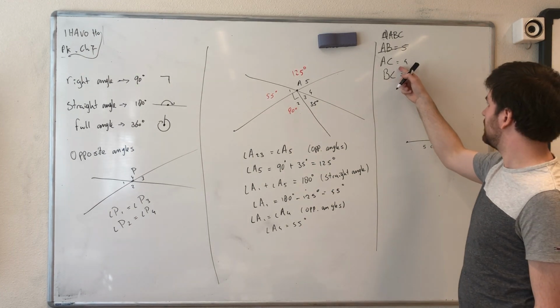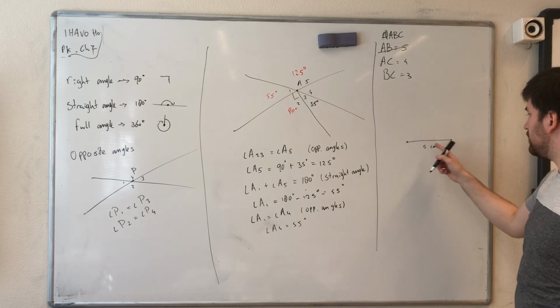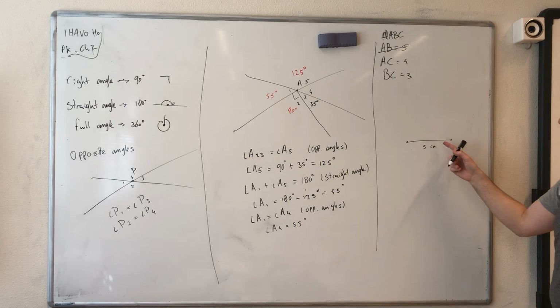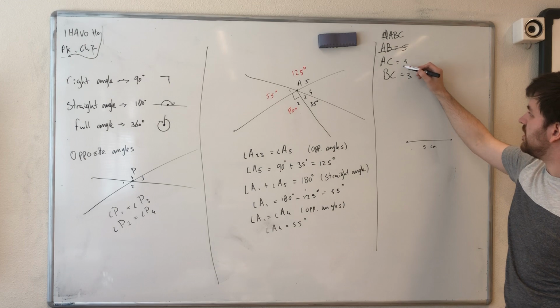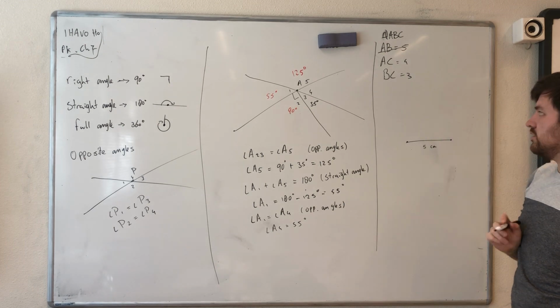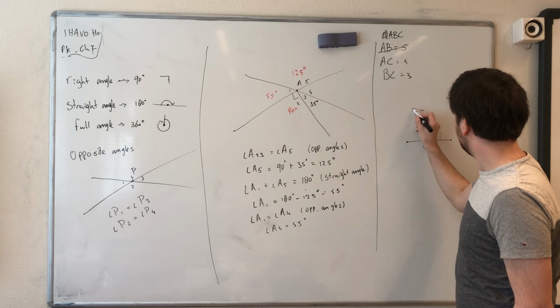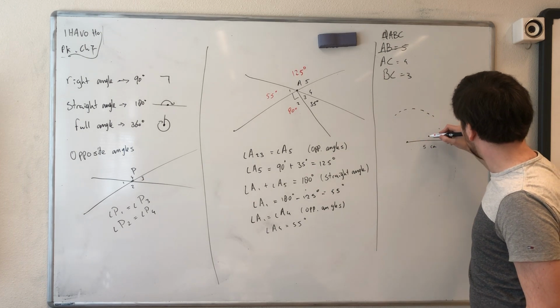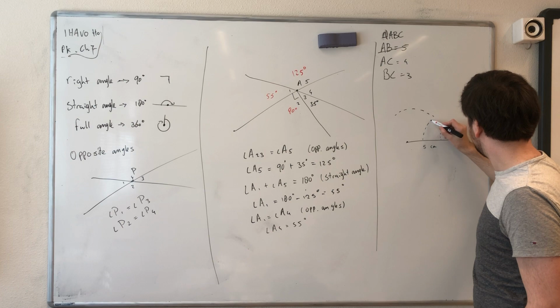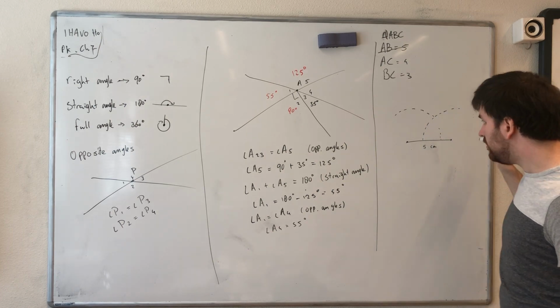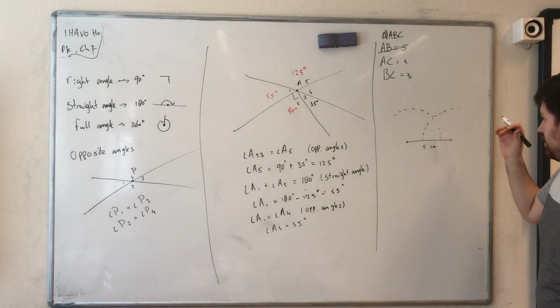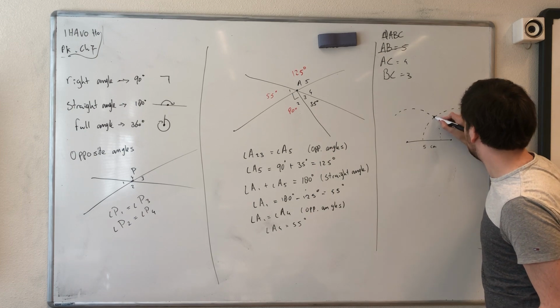Then start with these two points, and you're going to draw 2 circles, one with a radius of 4, one with a radius of 3. You don't need the entire circle, you just have to make sure that they do intersect each other.